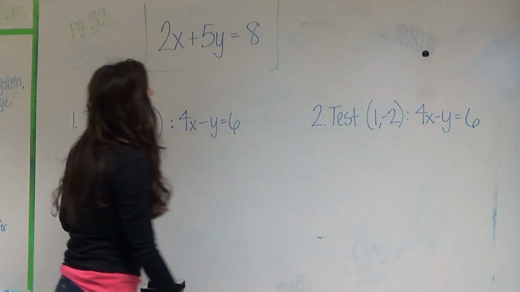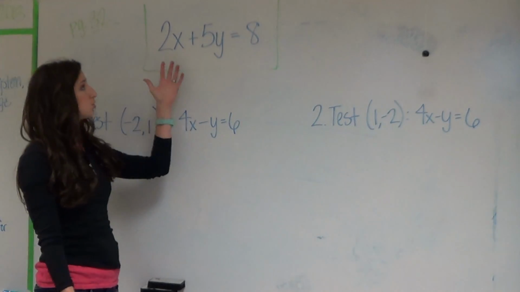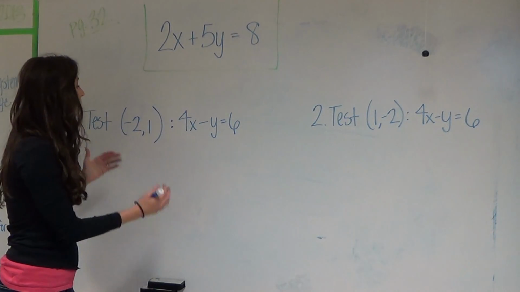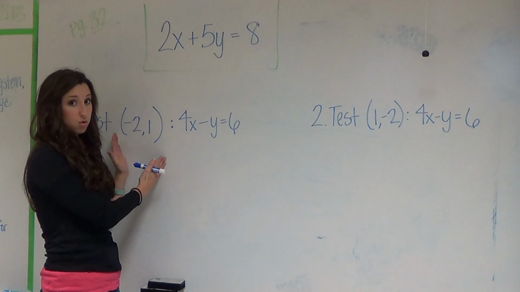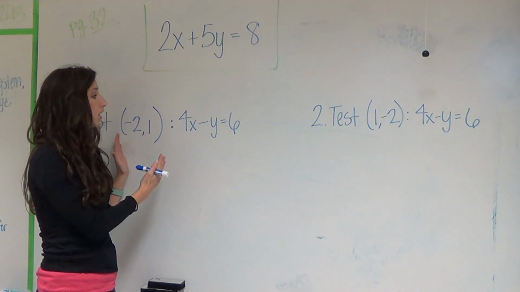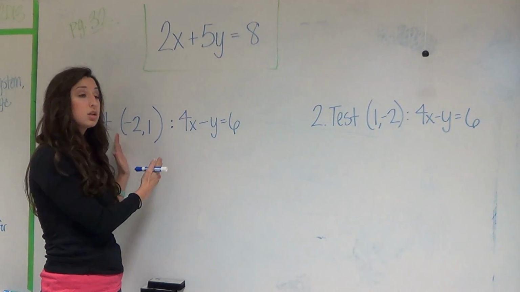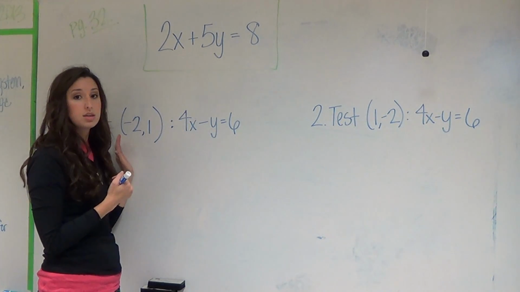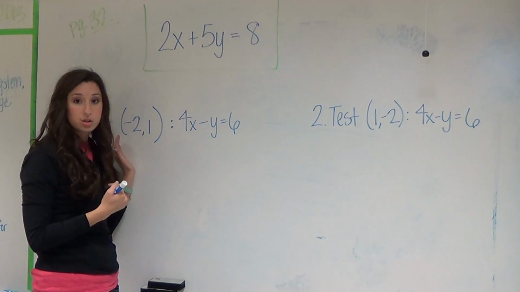Now, if I want a solution to a two variable equation, that is going to be my ordered pair, so x comma y. If this is a solution, then we are going to get the correct answer.